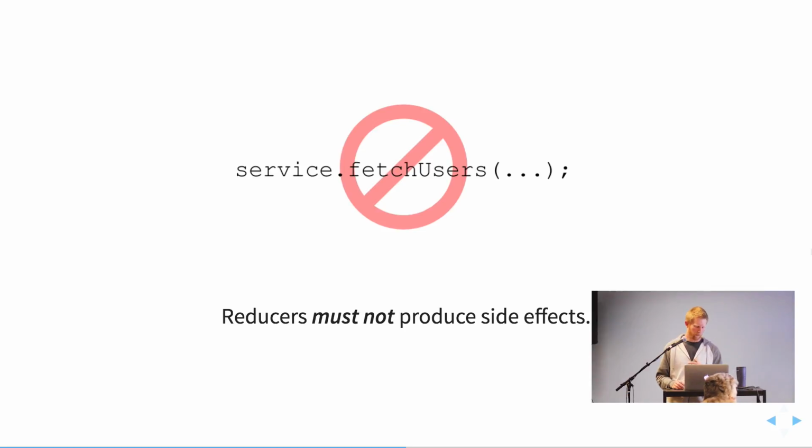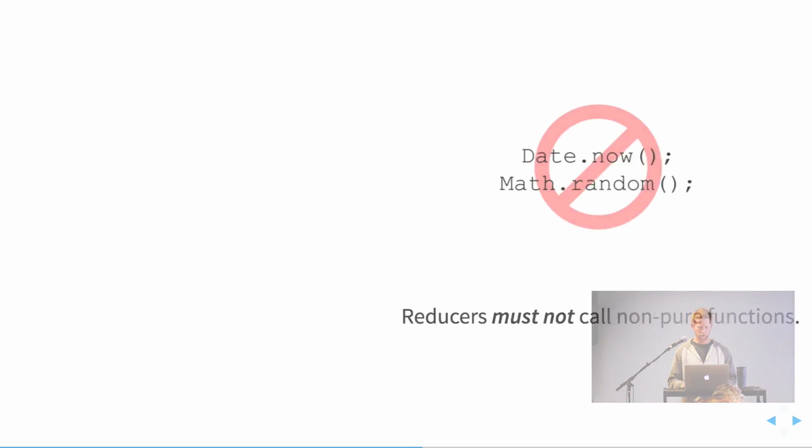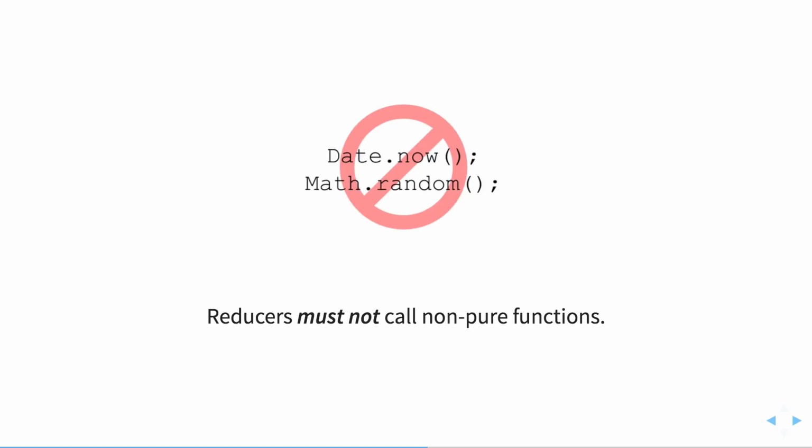And they must not produce side effects, meaning that within a reducer we can't call an API. We can't do things like call non-pure functions like Math.random, because those will cause our function to be impure. We don't get the same output if we call that function repeatedly with the same input. So those are hard constraints.